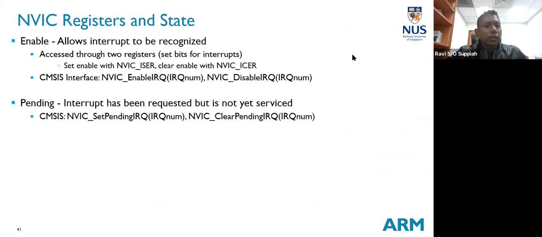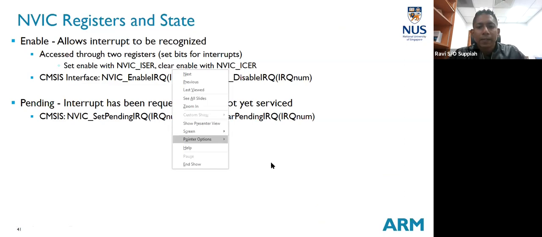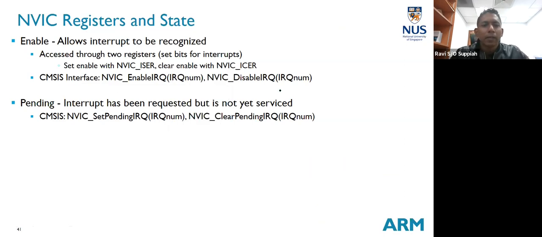In terms of enabling and disabling interrupts, there are 2 functions that you can easily use. One is enable IRQ, the other is disable IRQ, based on the IRQ number. There are also 2 other functions here: set pending IRQ and clear pending IRQ.